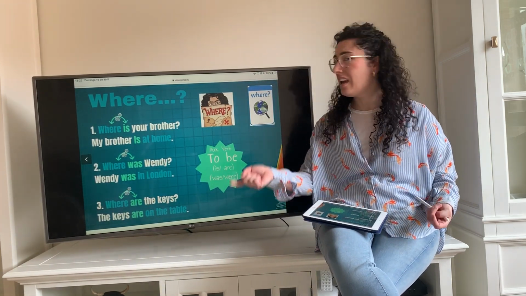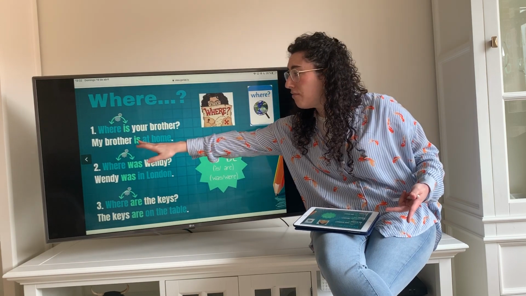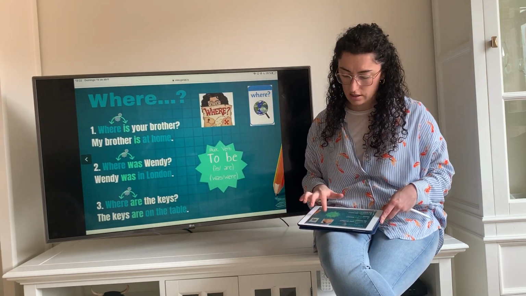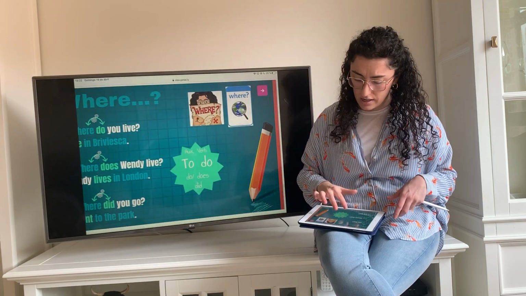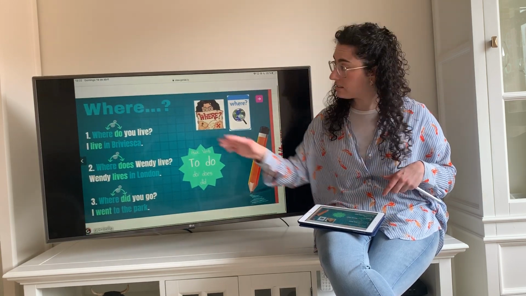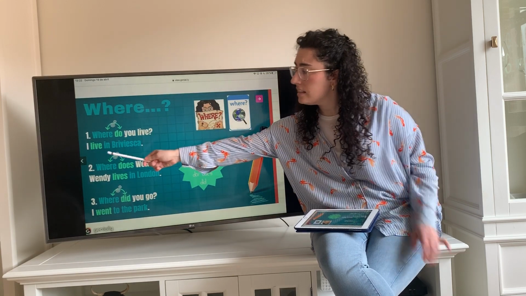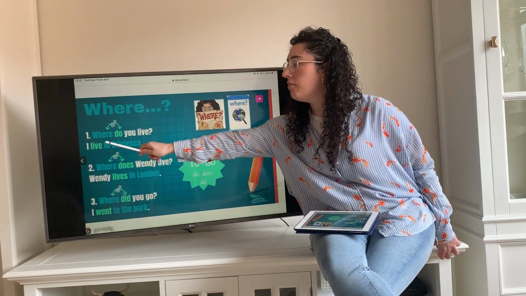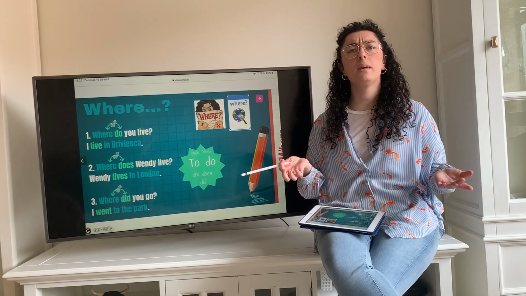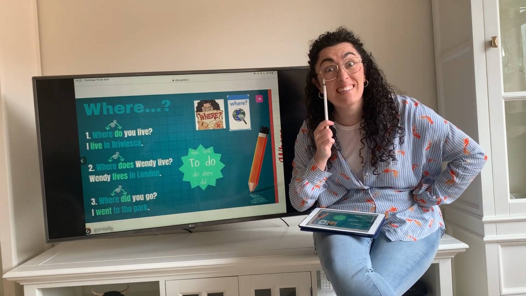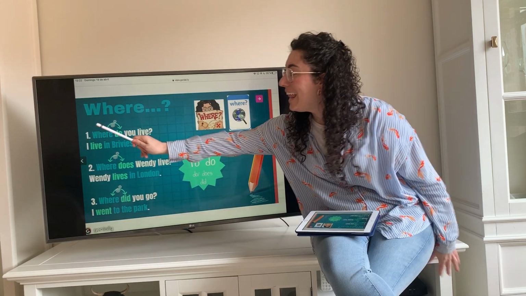But what happens if we don't have the verb to be in the answers? For example, in this case, the answer is, I live in Briviesca. But there is no verb to be there. So we have to pay attention to the verb: live.